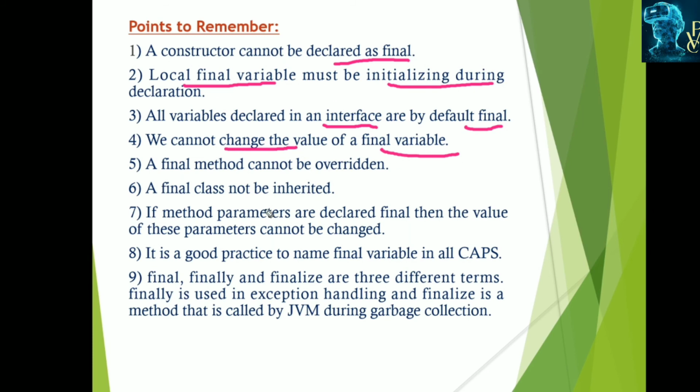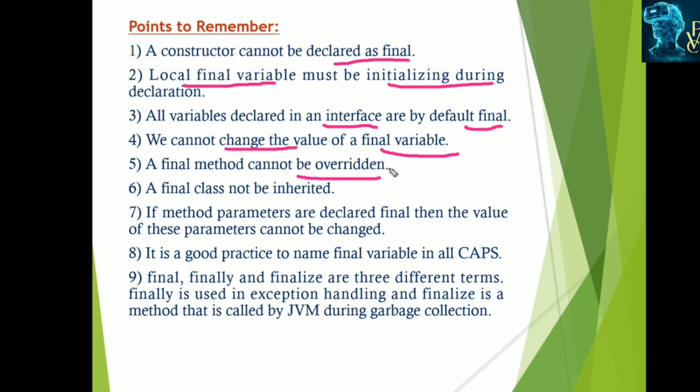A final method cannot be overridden. Overriding means re-implementing the method in its subclasses. We have the parent class with its own method, and when we create the subclasses, they have the chance to override that method with the same name and the same parameters.